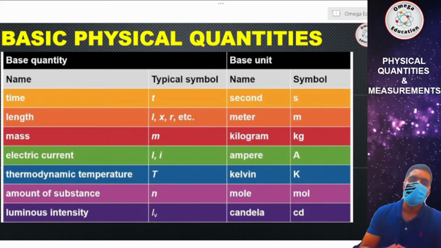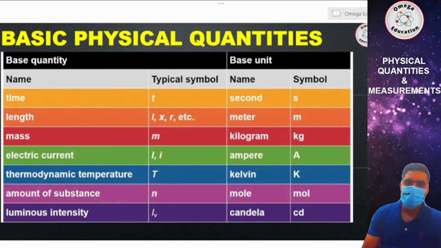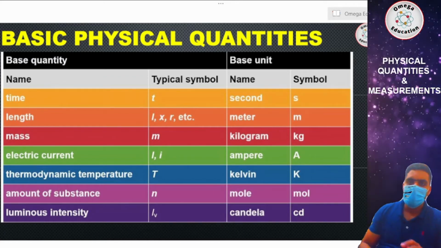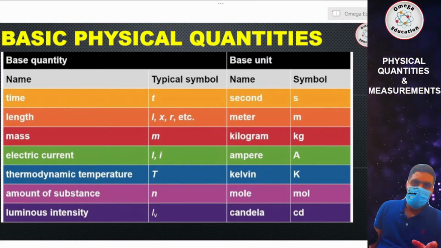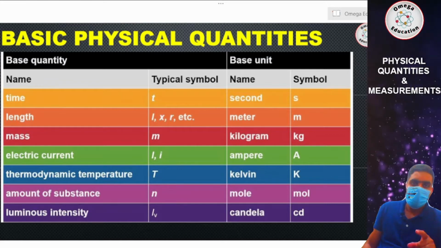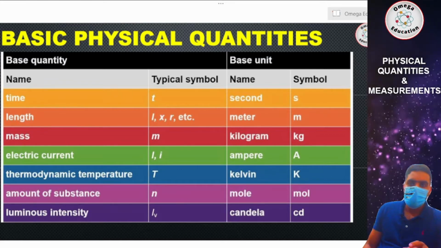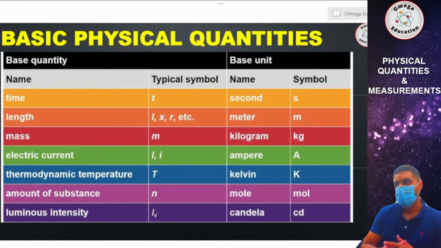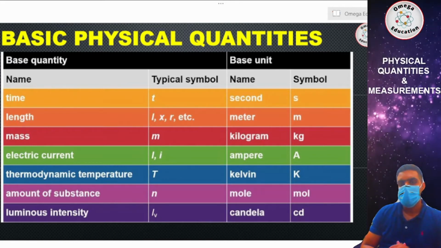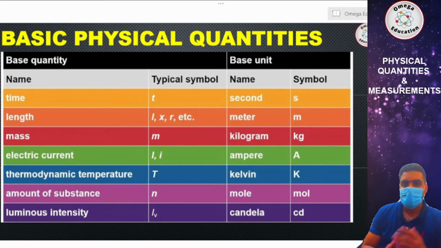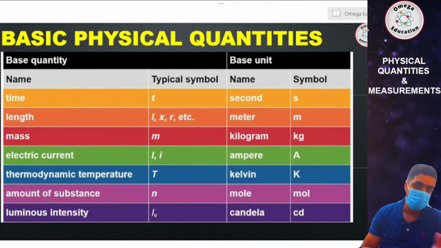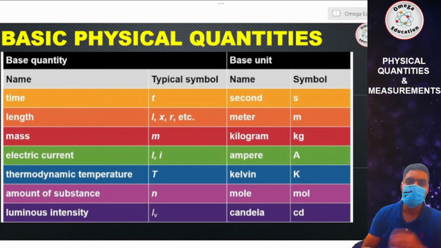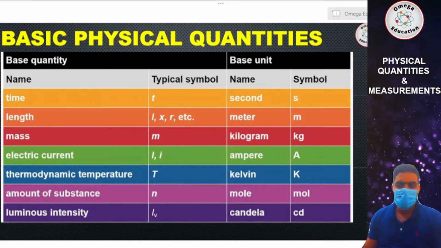So these 7 base quantities are just like primary colors, and more importantly, your syllabus objectives, the CIE, demand that you should be aware of all these 7 physical quantities and you should have memorized them.